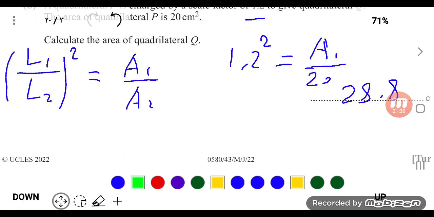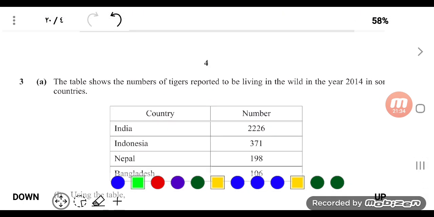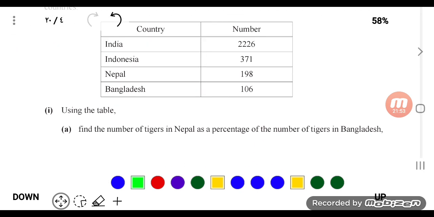Okay, now let's move to next question. The table shows the number of tigers reported to be living in the wild in year 2014 in some countries. You are given a table with the number of tigers in India, Indonesia, Nepal, Bangladesh. Using the table, find the number of tigers in Nepal as percentage of number of tigers in Bangladesh.